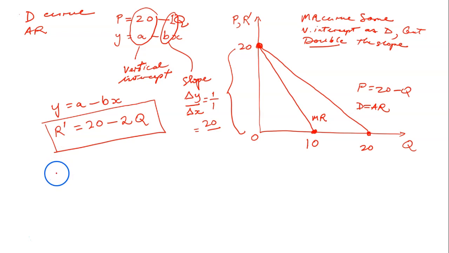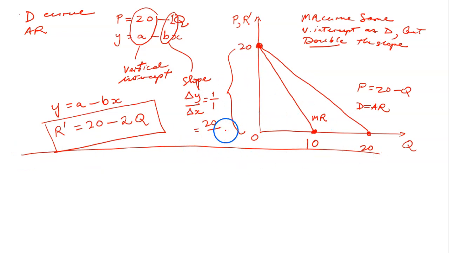Hooray. Now, if we wanted to do it just algebraically, without the aid of a graph, we can do it this way. We've got to remember that the marginal revenue is the differential of total revenue.